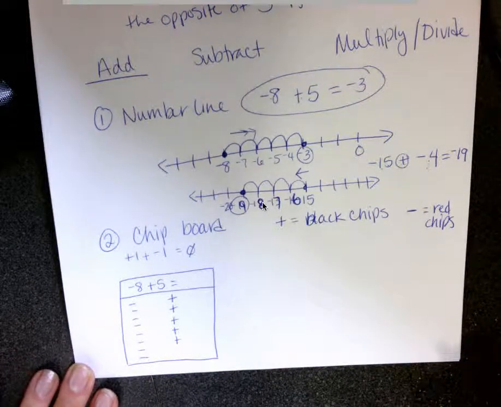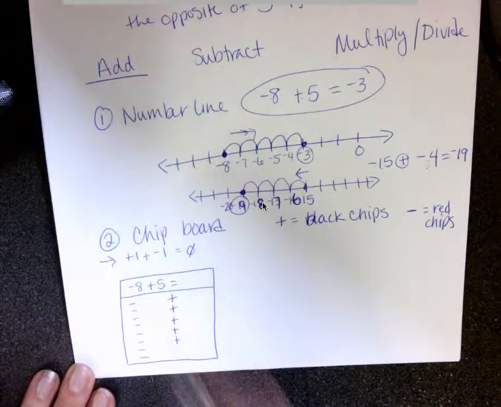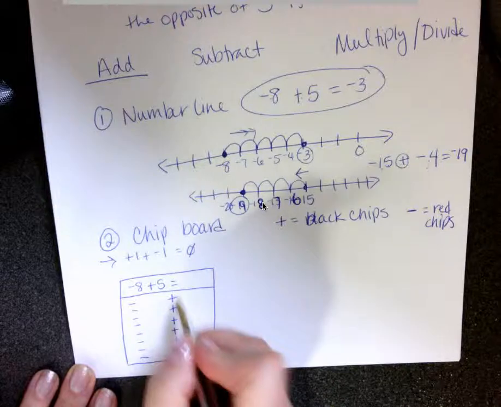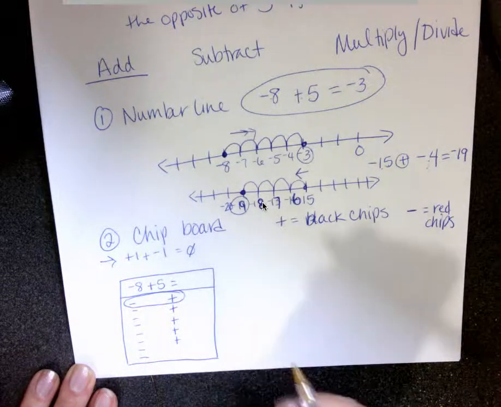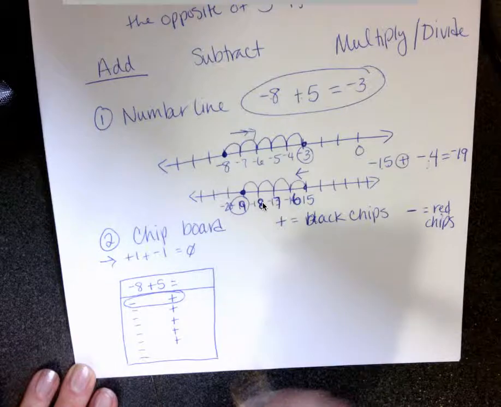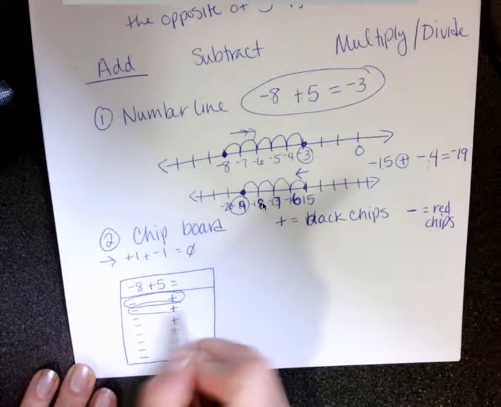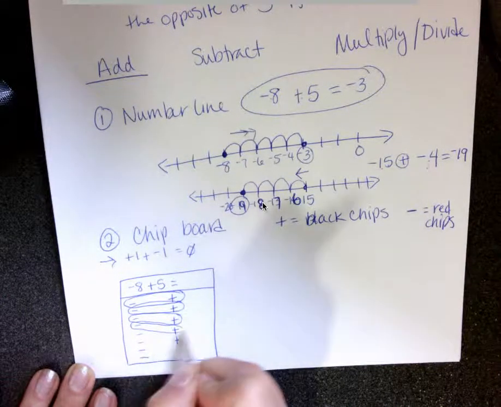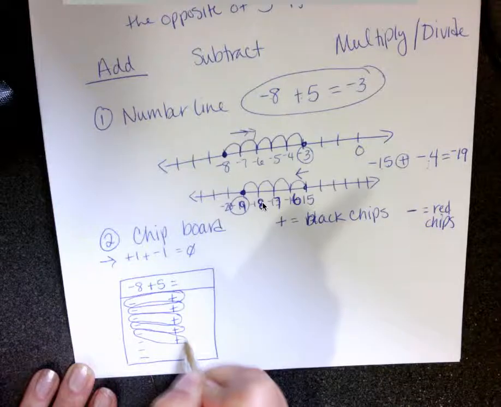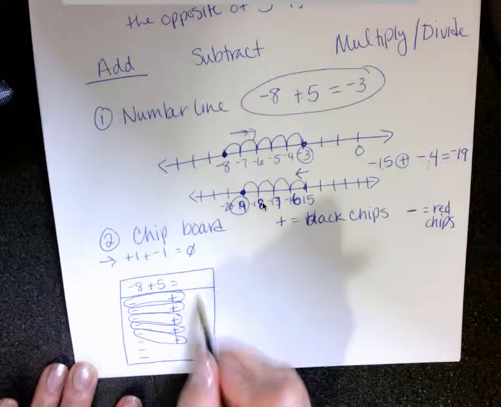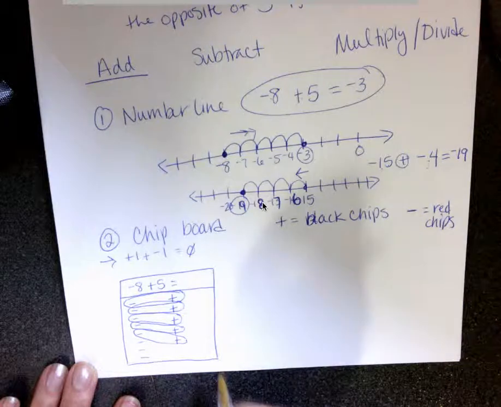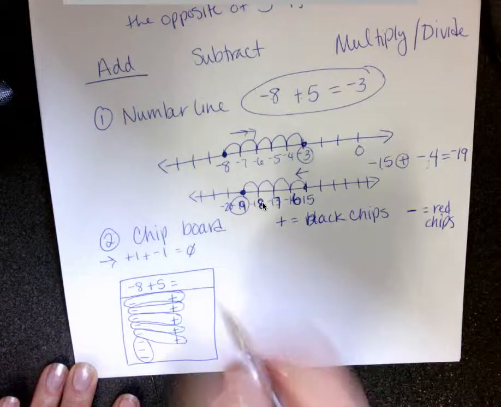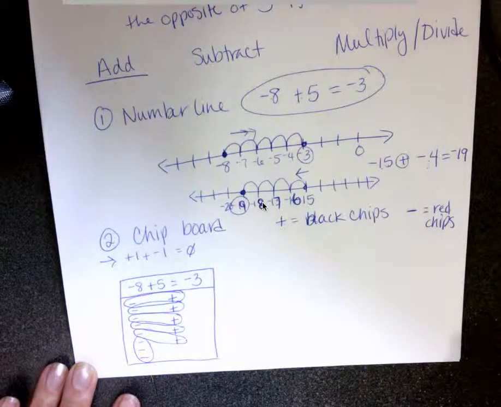All right. Now remember, a positive and a negative equals 0, essentially canceling each other out. So there's one zero pair. There's a second one, third, fourth. There's a 5th pair. Do I have any more positive chips over here? I don't. All I'm left with are 3 of the negative chips. So my answer is negative 3.